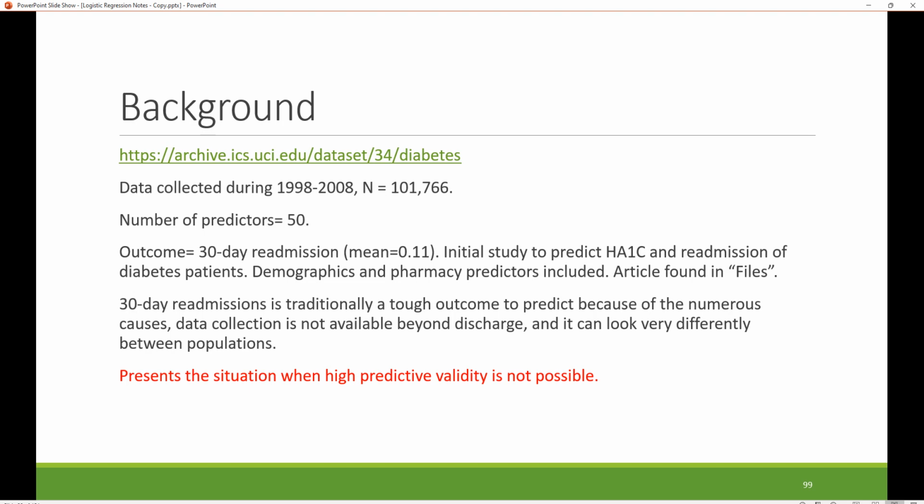So there are many things that may be missing about a patient's experience that may contribute significantly to a 30-day readmission. This study presents a situation when high predictive validity is not possible. In other words, this is a tough outcome to predict, and we're going to cover things that we can do to help with that. We're also going to cover how to implement this and put it into production.